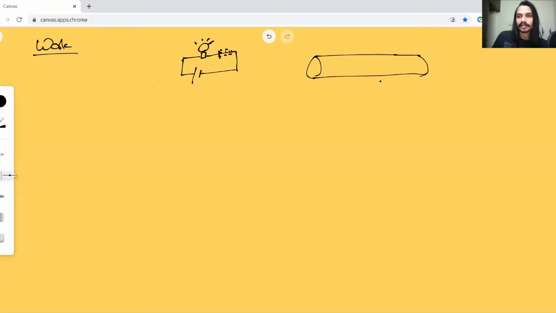So this is our conductor. Now, this end is connected to the positive terminal. This end is connected to the negative terminal. Now, I know that this section of the conductor will have a certain length. Let's just say there's some length.